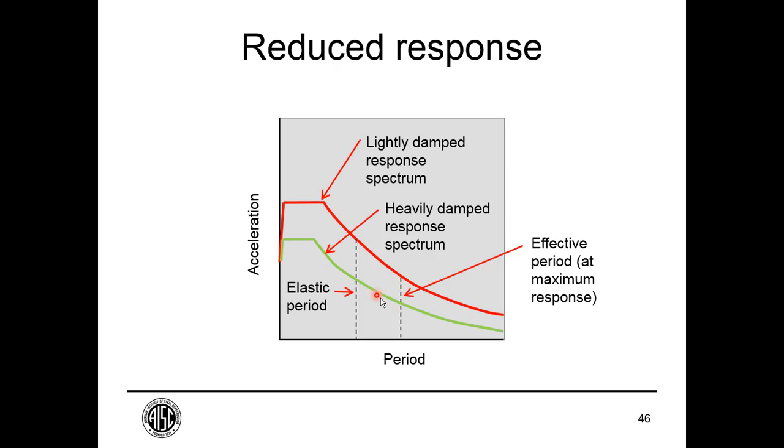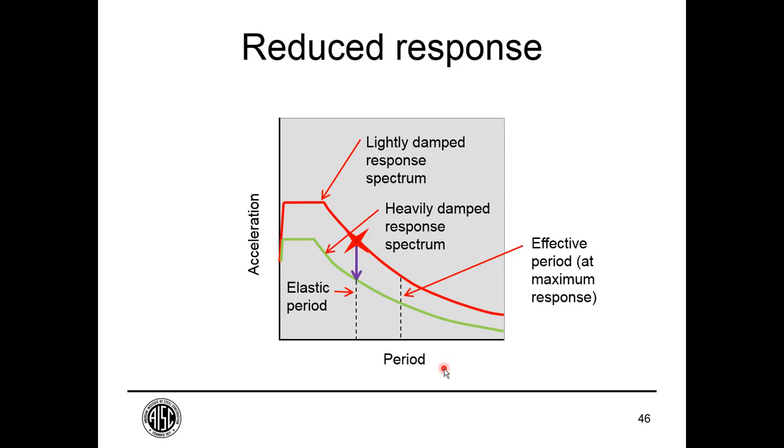So as we allow the structure to yield and soften, we move down that period-dependent region and reduce the acceleration accordingly. So the elastic structure was up here. It was lightly damped and was relatively stiff compared to where it ends up.